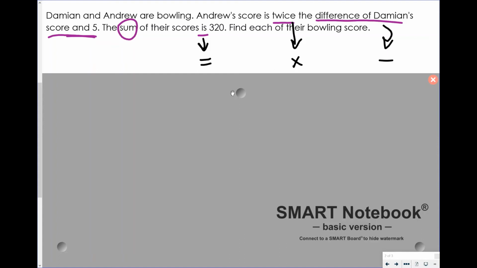And you can see I underlined twice and I put a multiplication sign. I underlined difference of Damian's score and 5, which means subtract, take away. Then I circled sum, which means addition. Then is, which is your equal sign. So let's break this down here.